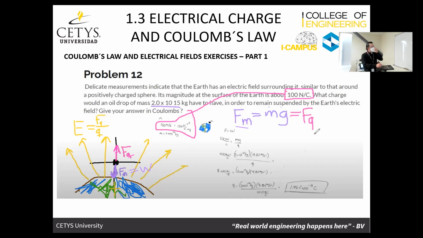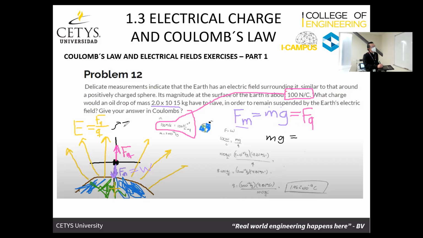Now, what's written here that's kind of small, I'm just going to write it down here again, a bit larger, is that the mass times the gravity, which is the force, is equal to the force on the charge. We know that the electrical field is the force divided by the electrical charge.